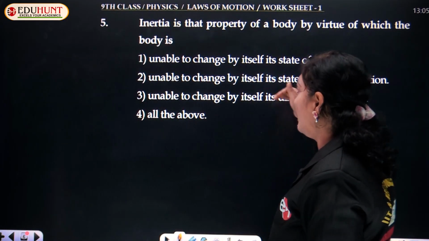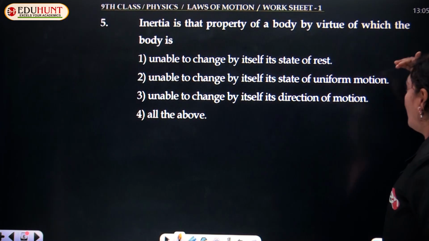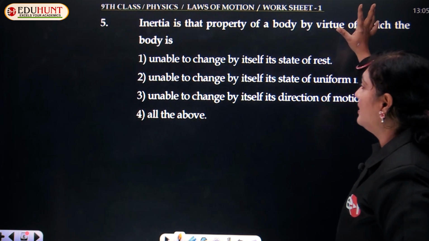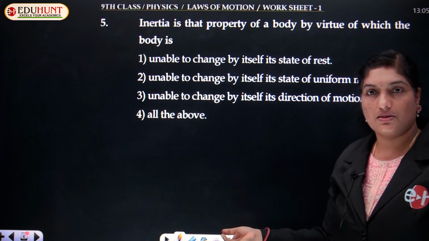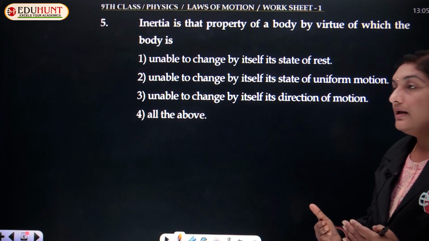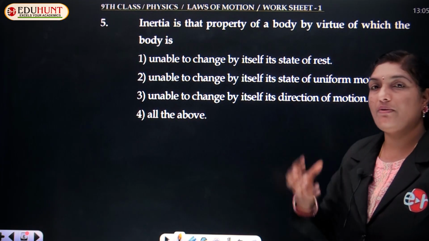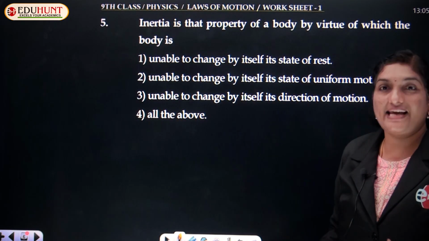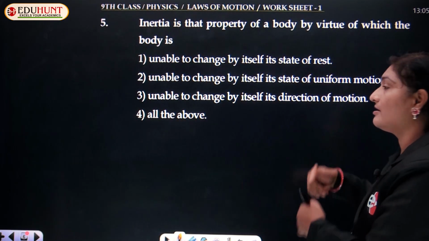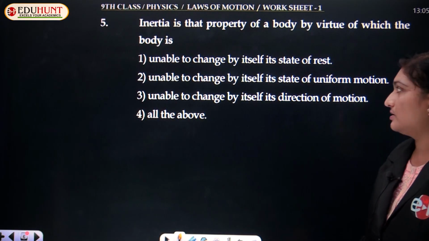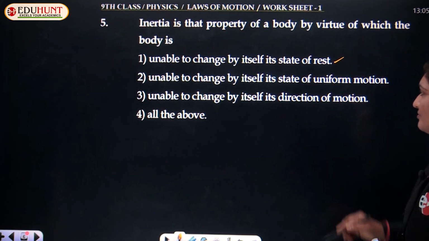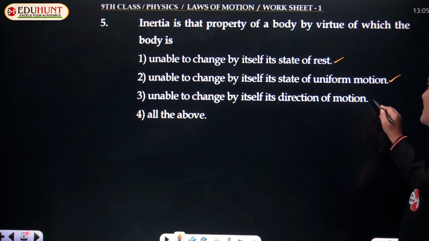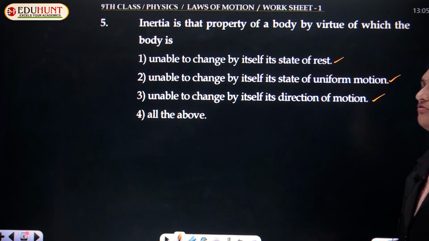Inertia is the property of a body by virtue of which the body is unable to change by itself its state of rest, its state of uniform motion, or its direction of motion.